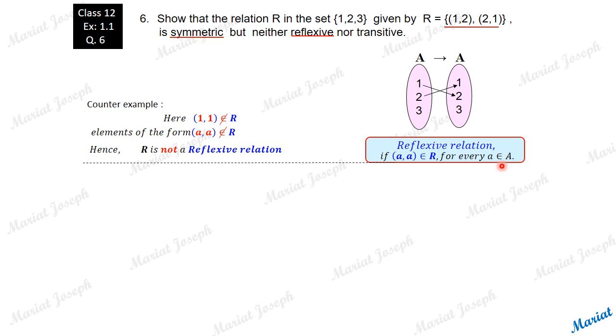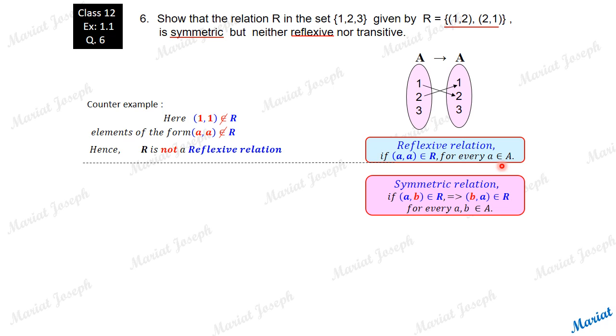Symmetric. Whenever there is a pair (a, b), then (b, a) should also be there. It's a conditional statement. If (a, b) is present, then it should imply that (b, a) is also there in the relation. Let us check.